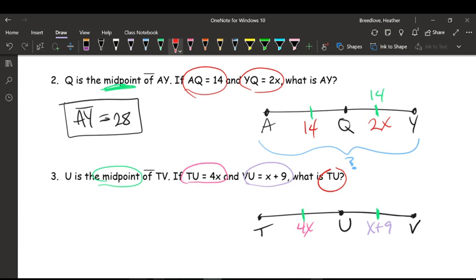All right. What can I do? How can I solve? Because I do have to solve for x on this one. What do I know about the two pieces? They're equal. So I can just say they're equal. So 4x equals x plus 9.